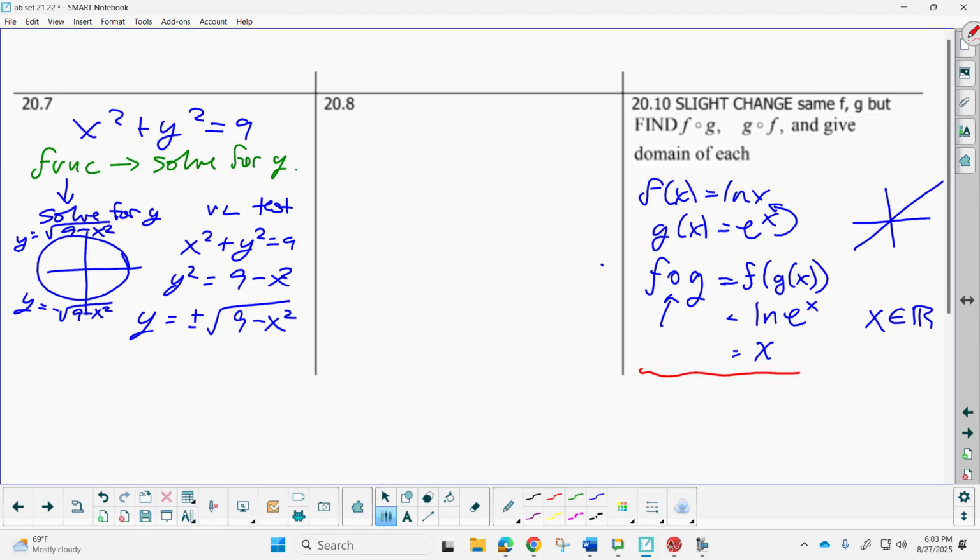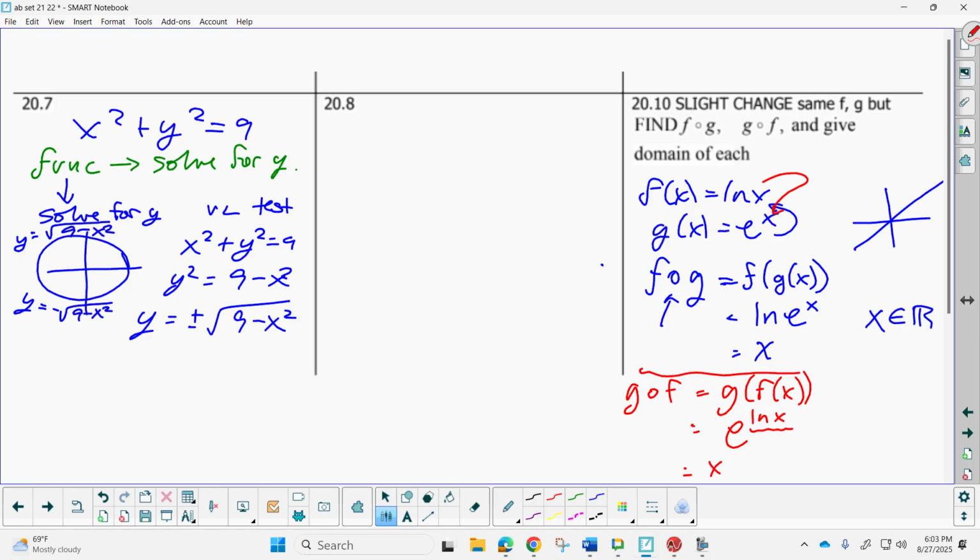The part that is a little bit of a gotcha is g of f, g composed on f. If I put f into g, then that means in there, e to the natural log of x. Now, here's the thing you need to understand. Domain has to be satisfied all the way throughout, not just simplified. So please don't think, okay, it's x, so it's all reals again.